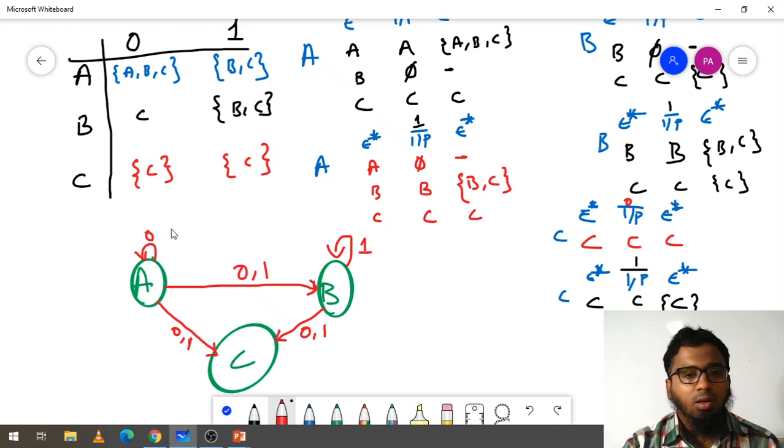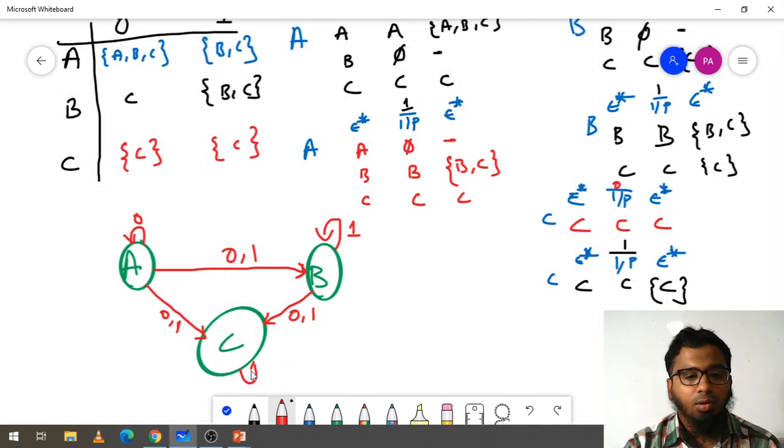Next, C on 0 is going to C, and C on 1 is going to C only, 0 comma 1. So this is the answer, epsilon NFA to normal NFA.